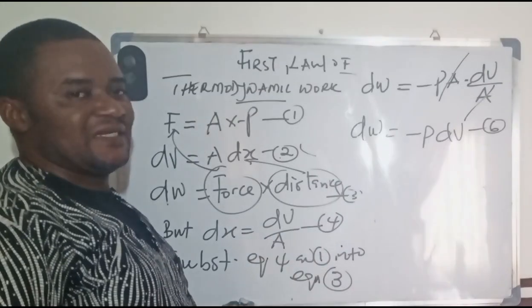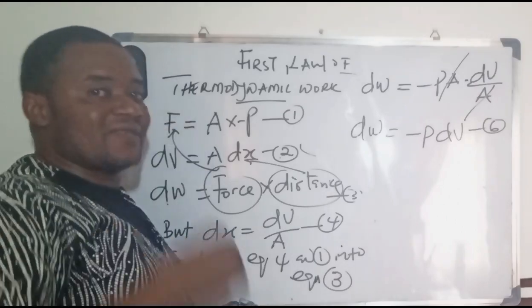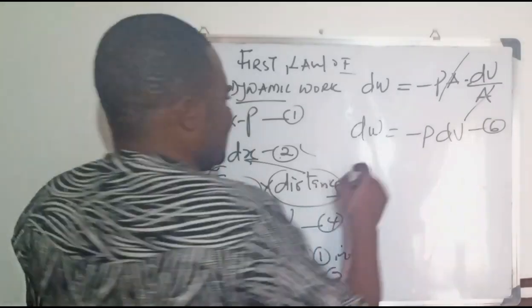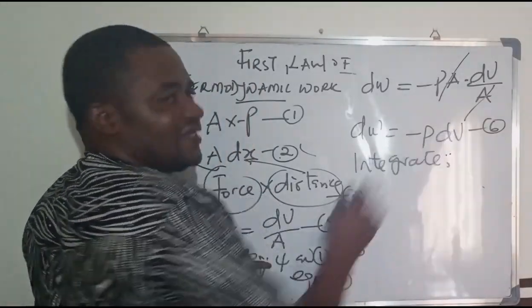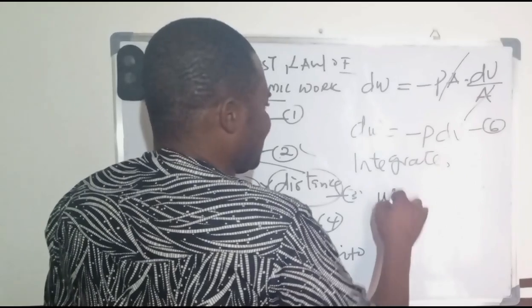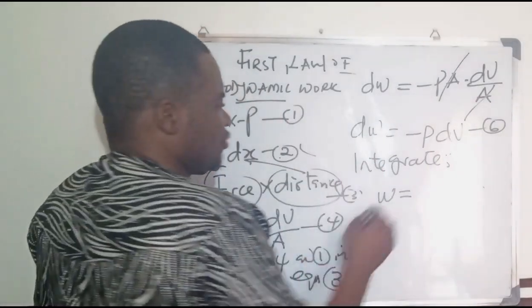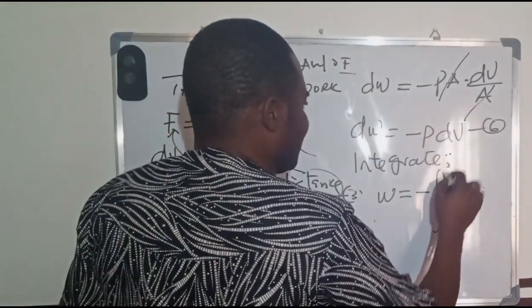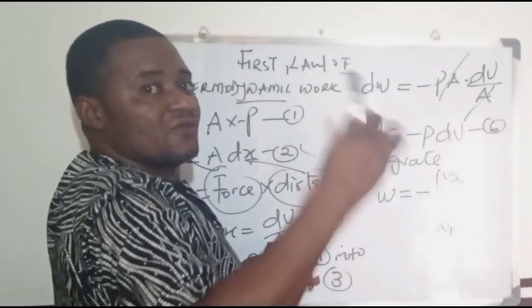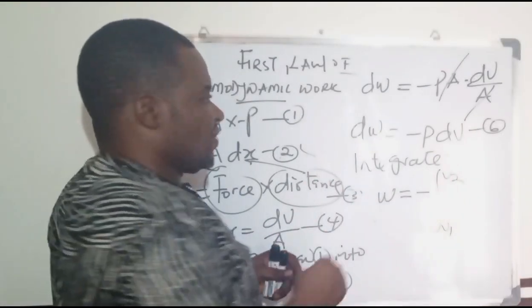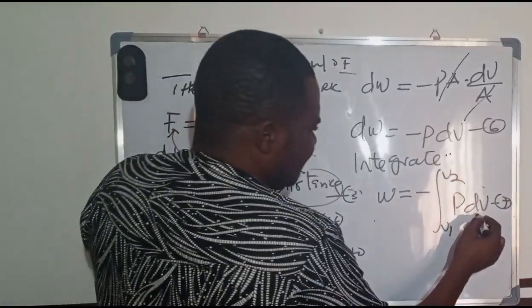Now, when we get here, you can simply substitute this into the normal thermodynamic first law equation, which I had already pointed out. But here we can integrate with respect to V, the change in V. Because this is change in W, and we are looking only for W, which is the work done, the work done becomes minus the integral from V1 to V2 of P dV, integrating with respect to change in volume, from initial to final.